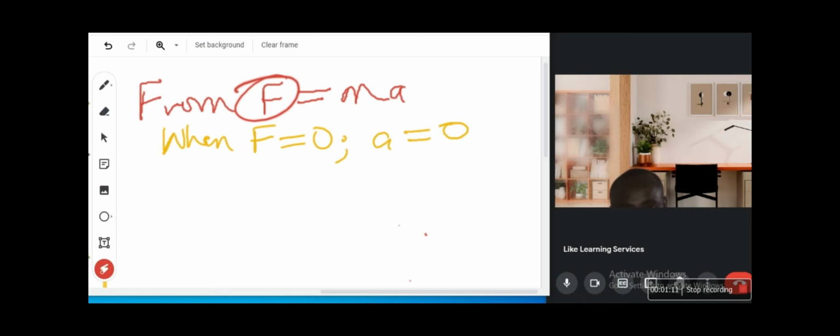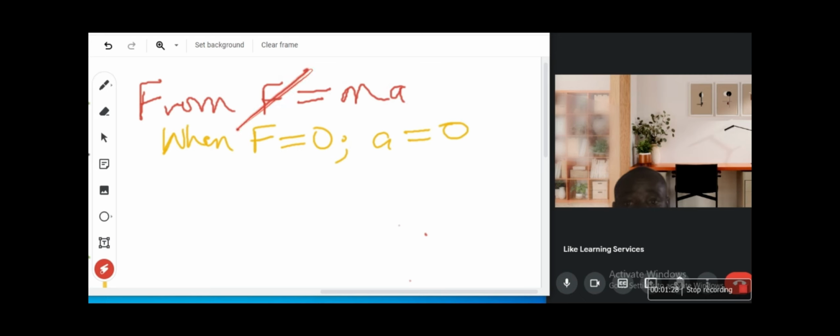Because if F is 0, the only explanation is that a is also equal to 0, because only when mass multiplies by 0 will you get 0 for the resultant force.